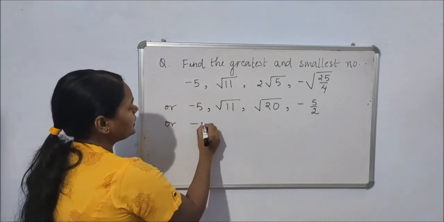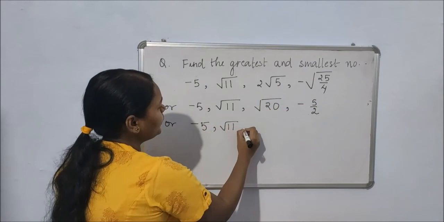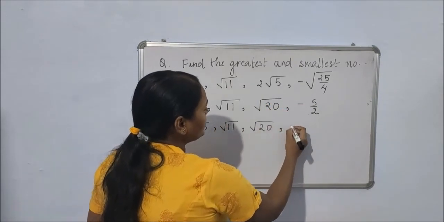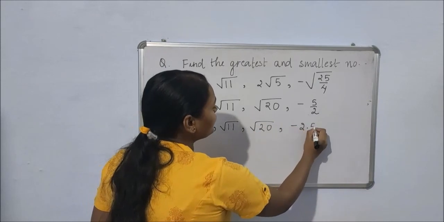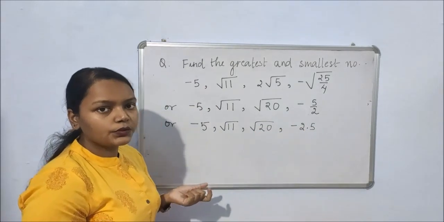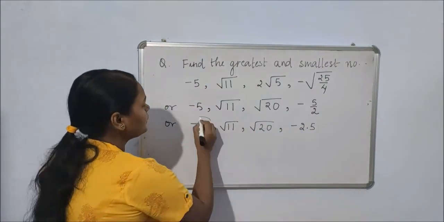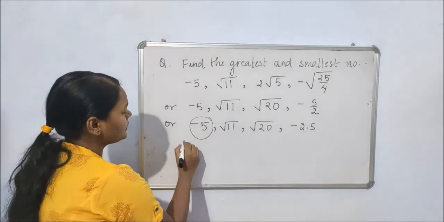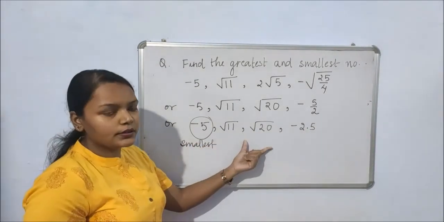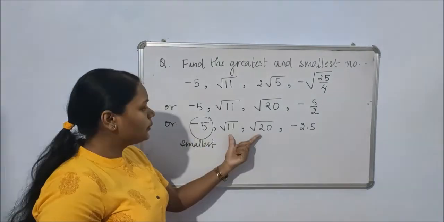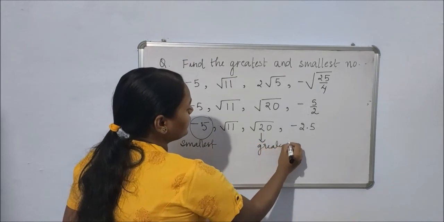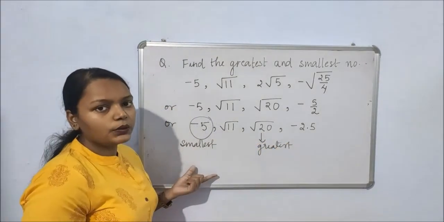So we can see we have 2 positive and 2 negative numbers. Definitely between negative and positive we can decide where we have to compare. So these two are negative. The smallest of the negatives is minus 5. This is the smallest. We are just required to find the greatest. Definitely this will not be the greatest. Between these two, this is the greatest. So this was what we were required to find.